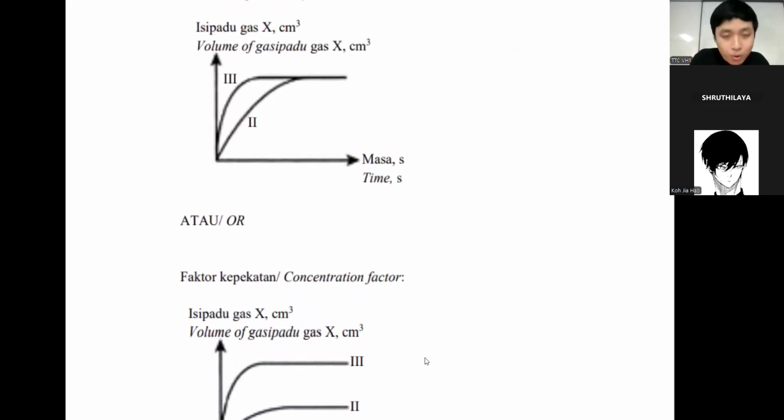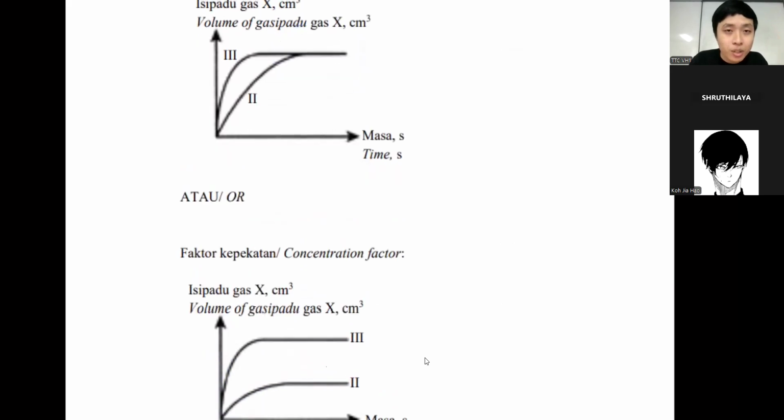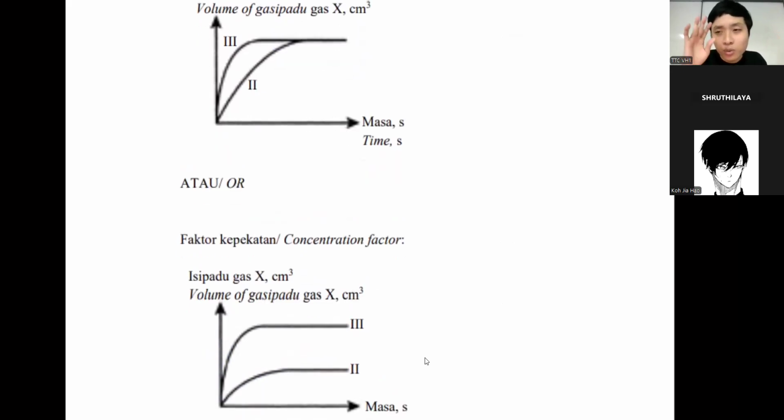But if you only touch the catalyst, it doesn't affect the number of moles, so the ending will be the same. The amount of gas collected will be the same. So be careful with this. Whenever you touch the volume or concentration, the graph will end with a different height.